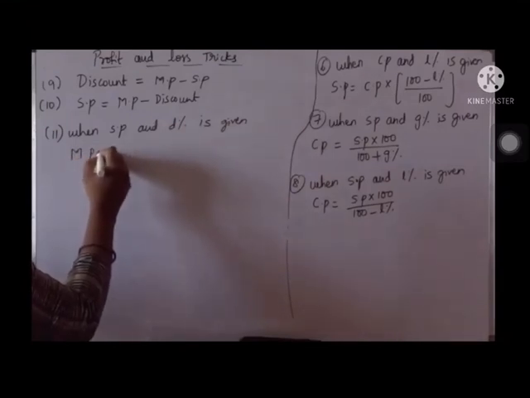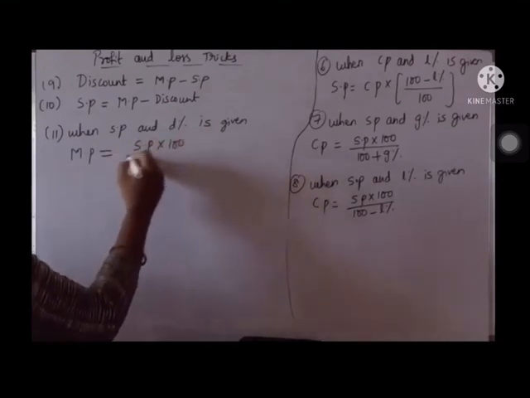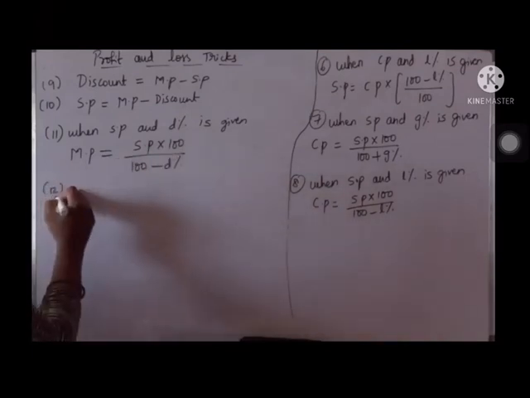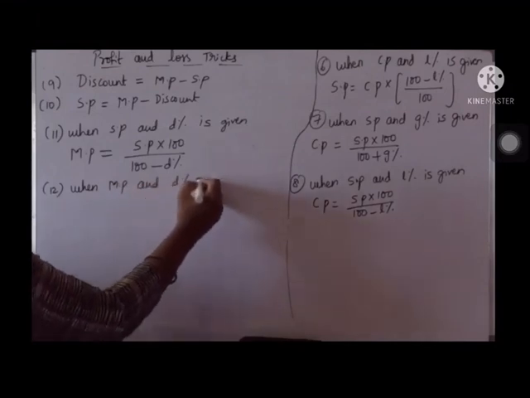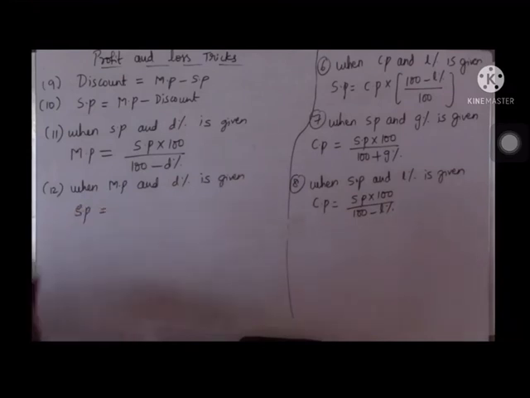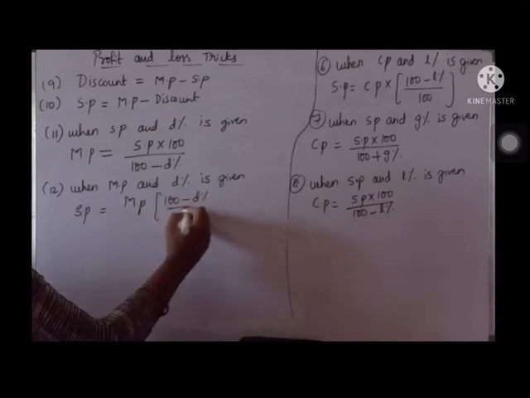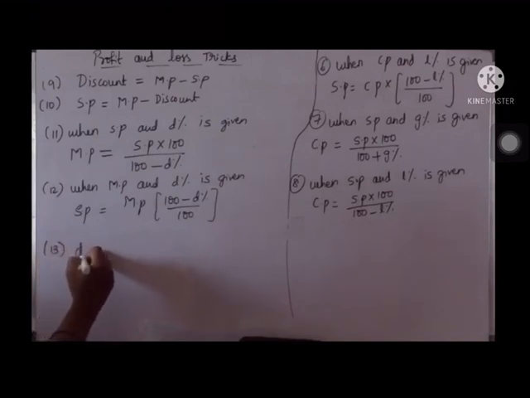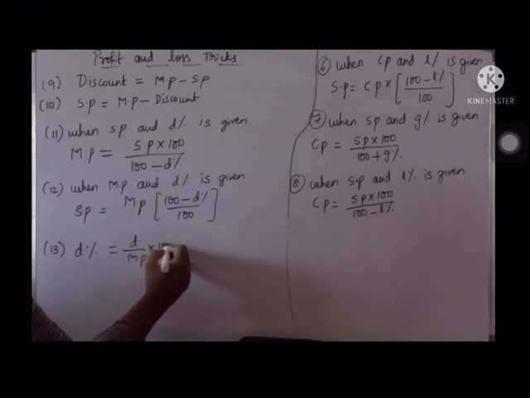Market price is nothing but SP into 100 by 100 minus discount percentage. And when market price and discount percentage are given, how to find selling price? Selling price is nothing but MP into 100 minus discount percentage by 100. And next, discount percentage formula, discount by market price into 100%.